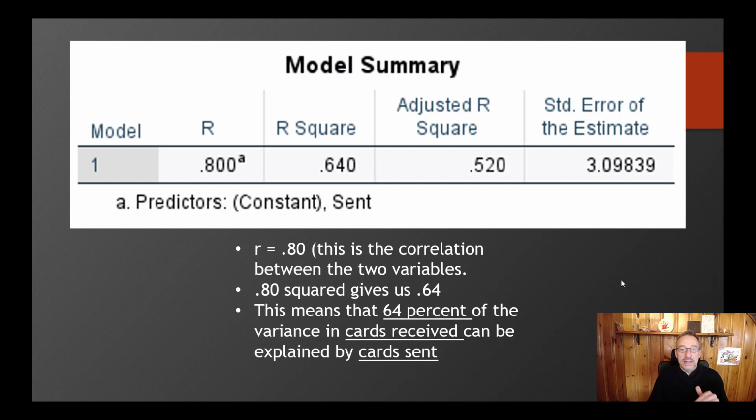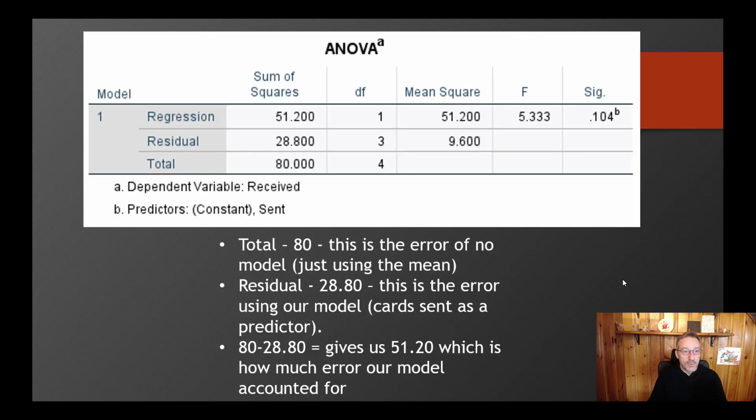But we can also see the underlying mechanisms of how this works in the ANOVA table. We've not gone over ANOVAs yet, but we will go over them soon. This is kind of like a brief intro into what's going on in this table. If we look at the total sum of squares, 80. So that's how much error there was when we had no predictors or when we were using the mean as the predictor, if you recall, 80.